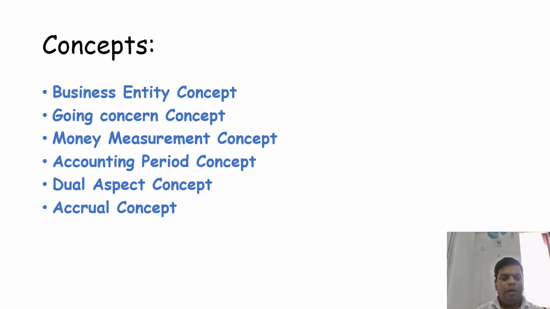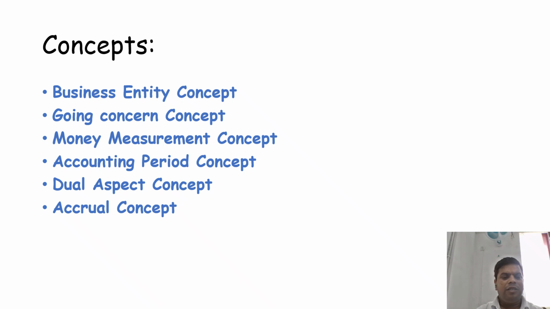There are two types: first, financial year, and second, calendar year. If any business is maintaining a calendar year, it will start from 1st January and end on 31st December. And for a financial year, it will start from 1st April and end on 31st March. That is the accounting period concept.